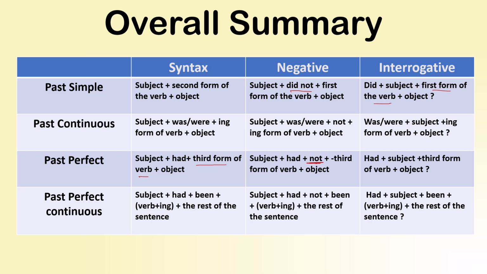Now past perfect continuous: subject plus had been verb-ing, then the rest of the sentence. Negative: subject plus had not been, then the rest of the sentence. Interrogative: had plus subject plus been plus the rest of the sentence.